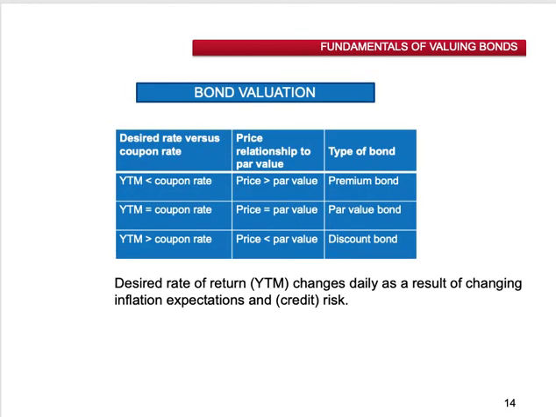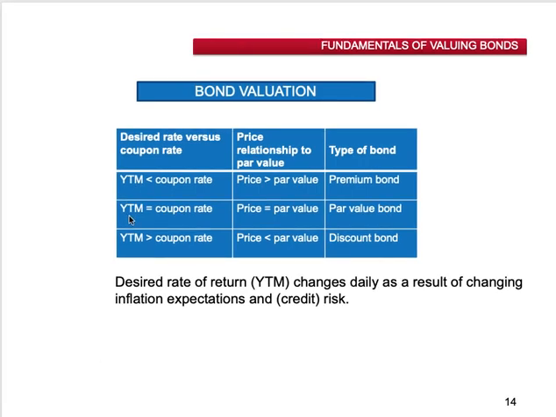And here are some of the last lessons that we have discussed in this set of slides. If the yield to maturity, so the required yield, is smaller than the coupon rate, so you would like to have a return which is smaller than what they would pay you, we're dealing with a premium bond, which makes sense, because you get more than what you would like to get in the market.